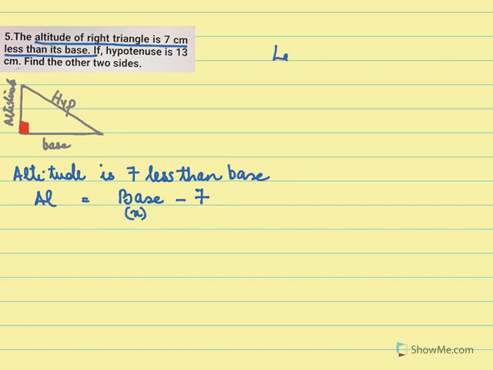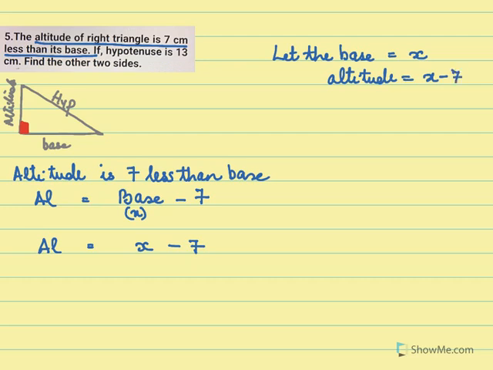Let the base be equal to x. Therefore my altitude will be x minus 7, because it is 7 less than the base. So the altitude will be x minus 7.